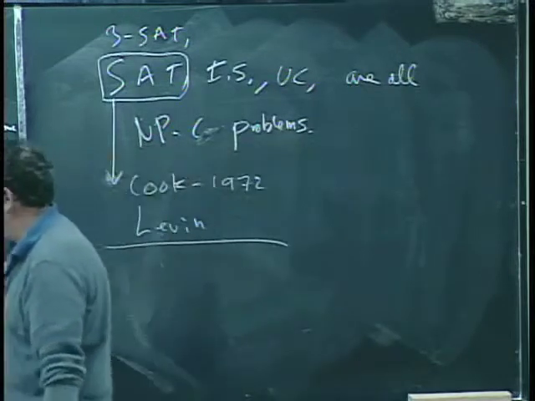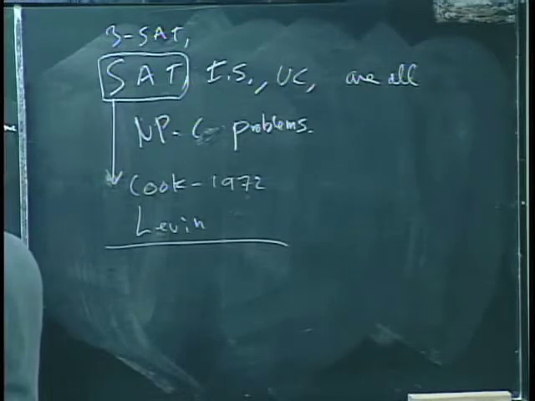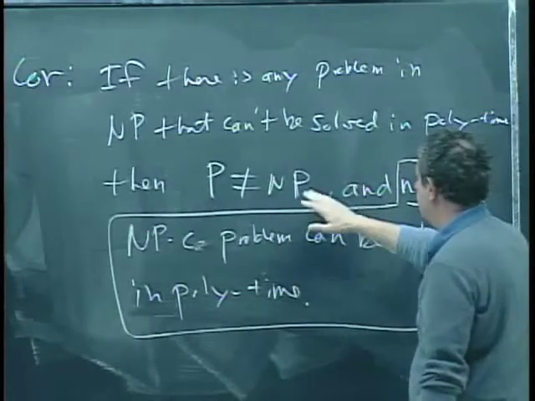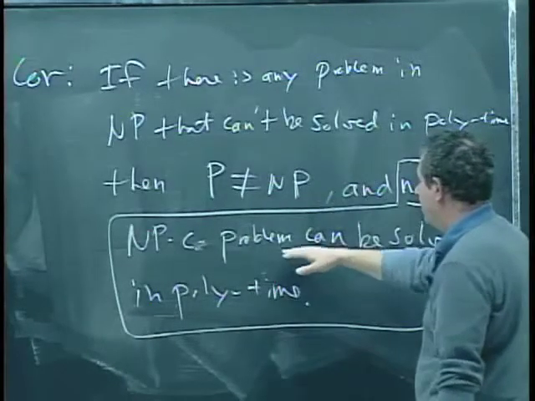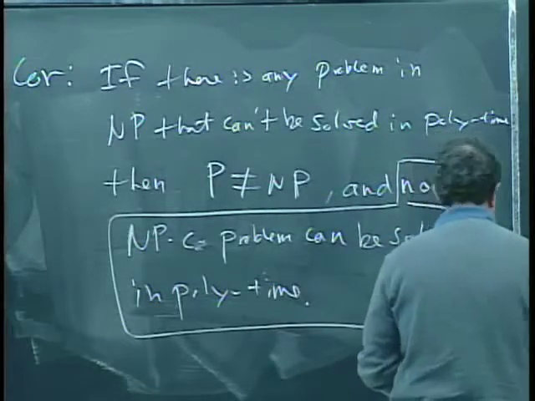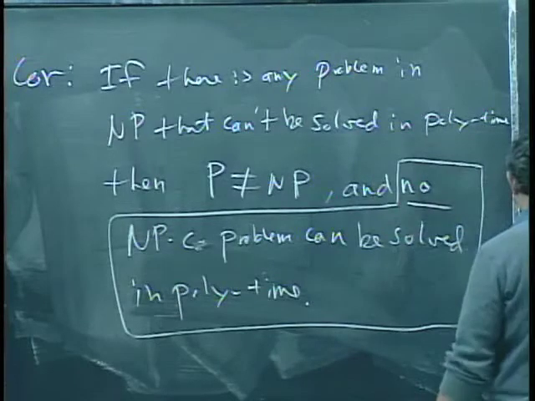We have this implication. If there's any problem in NP that can't be solved in polynomial time, then P is not equal to NP, and no NP-complete problem can be solved in polynomial time. But let me write this another way.